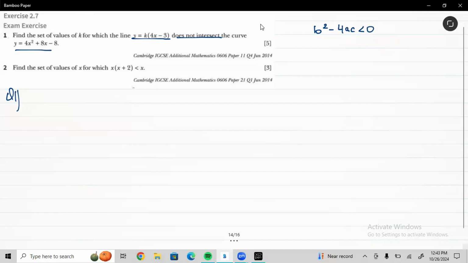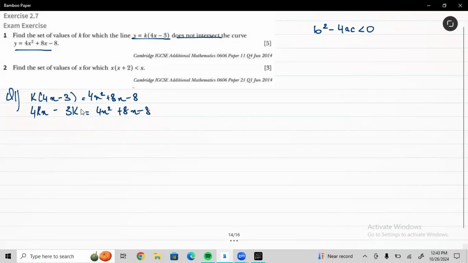First step, we substitute both of these equations into each other. So k multiplied by 4x minus 3 is equal to 4x squared plus 8x minus 8. We solve this up, we get 4kx minus 3k is equal to 4x squared plus 8x minus 8.